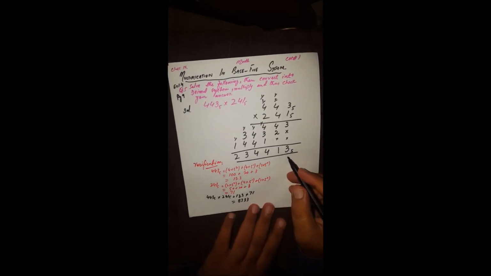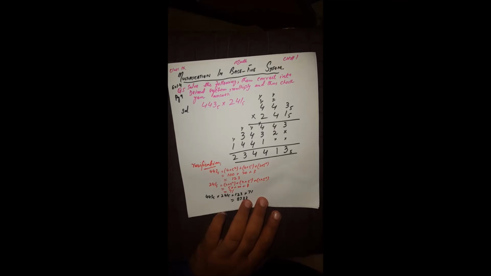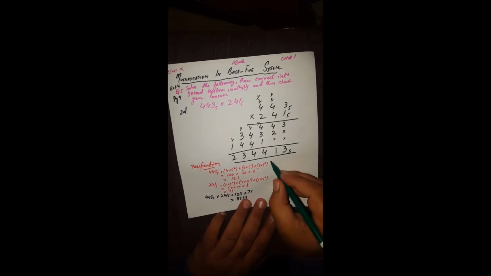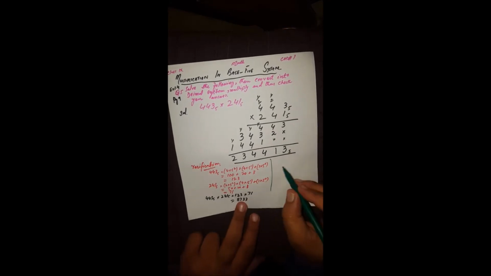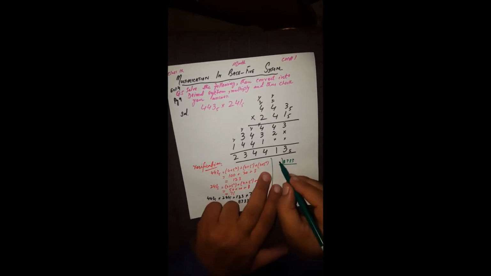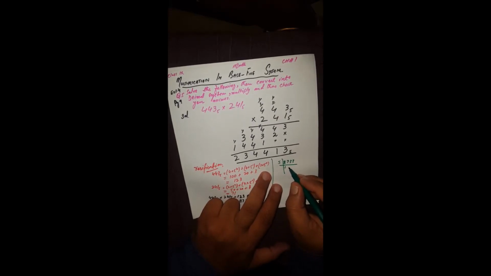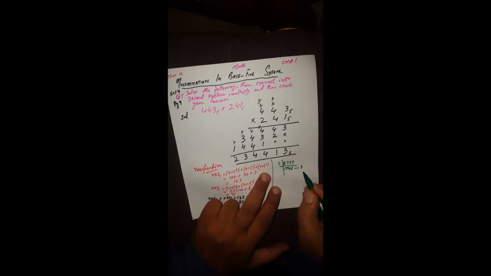Now we have to convert 8733 again into base 5. Dividing 8733 by 5: 5 ones are 5, 5 sevens are 35, 1, 7, 4, 6, remainder is 3.